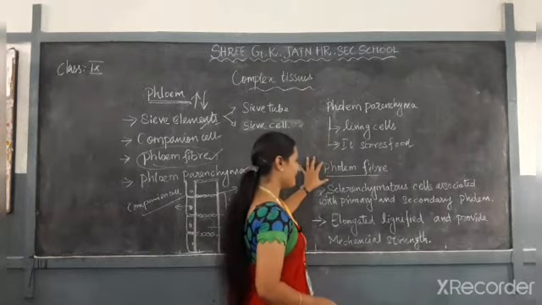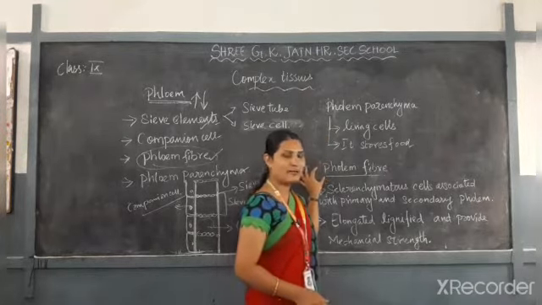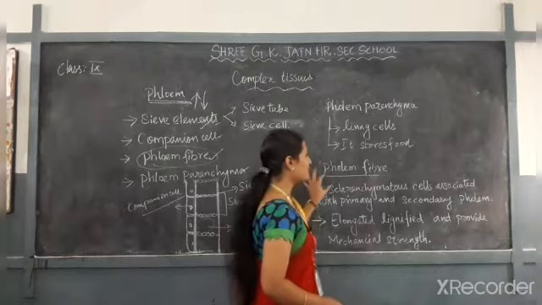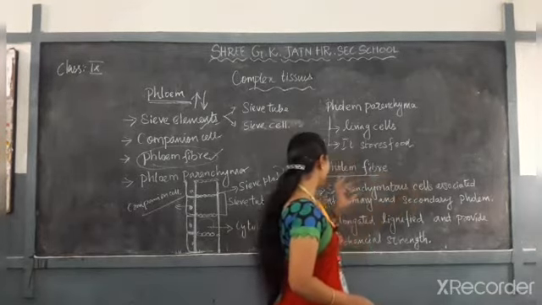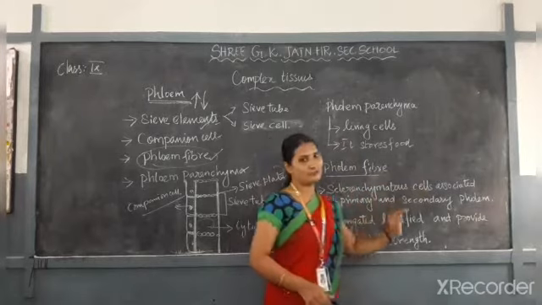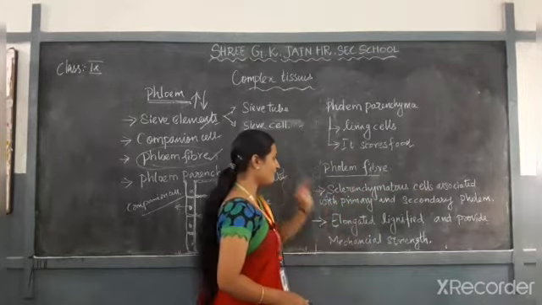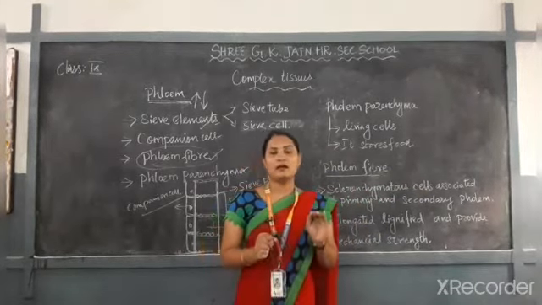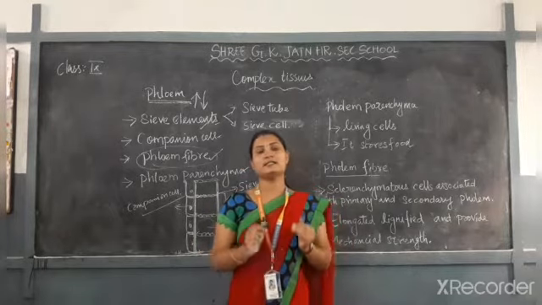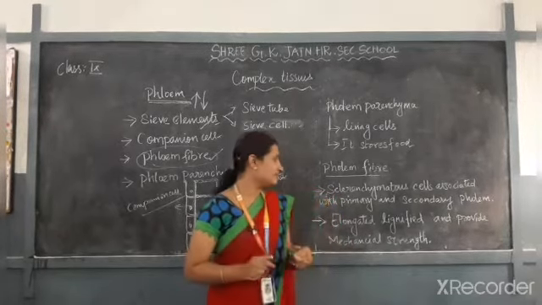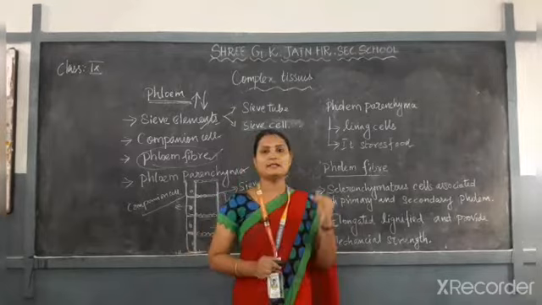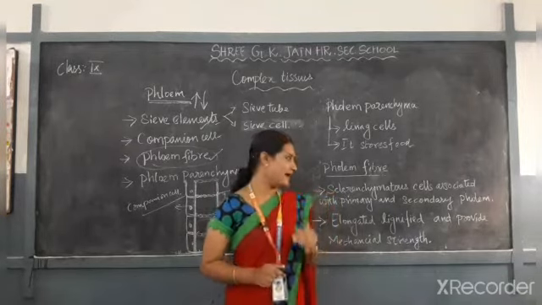And the phloem fiber. This phloem fiber is made up of sclerenchymatous cells associated with primary and secondary phloem. This phloem fiber is also thickened because it is made up of dead cells. Then it provides mechanical strength and support to the plants.